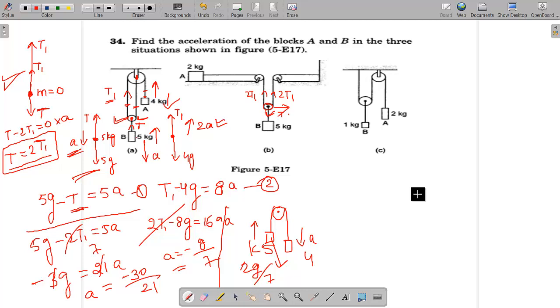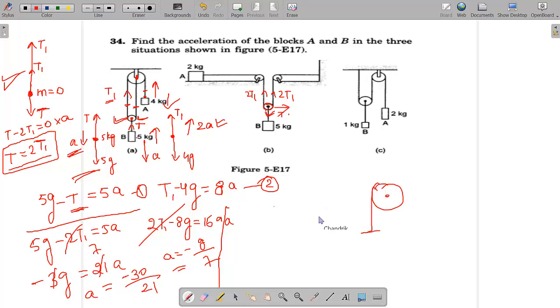Understood, no? No. See, in the general case, why you are getting confused is because you know that the 5 kg block is heavier and it should go down and the 4 kg should go up. That is okay.